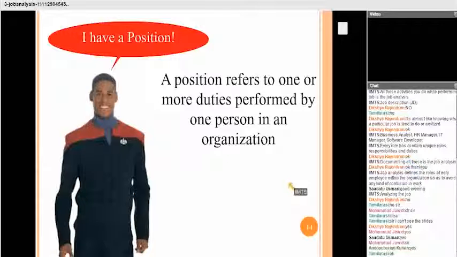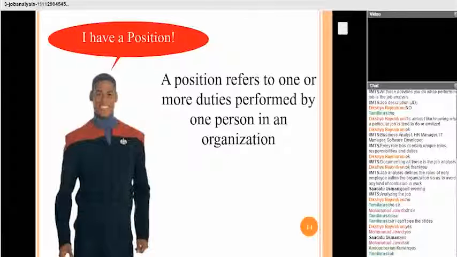So these are different positions available in the organization, and the more senior the profile you hold, the more duties you have to perform. Like an executive has to perform fewer duties as compared to the manager, because the manager has to manage the team. So the higher the position, the more duties.